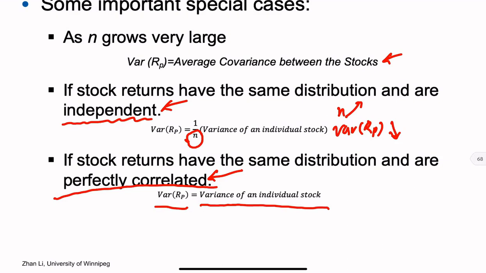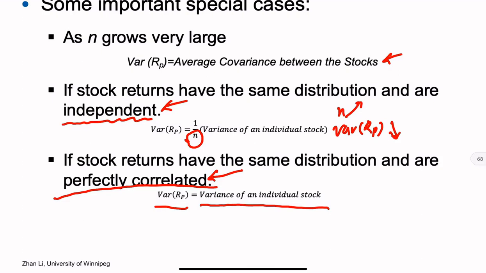This implies that there is no such canceling out effect. So basically, your portfolio has to experience a lot of peaks and troughs, bad days and good days. So the return of your portfolio is not smooth at all. So the variance of your portfolio is actually quite large.